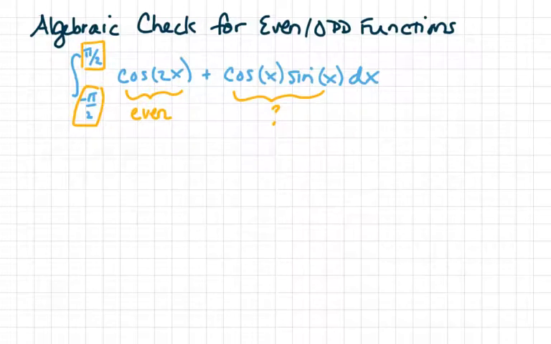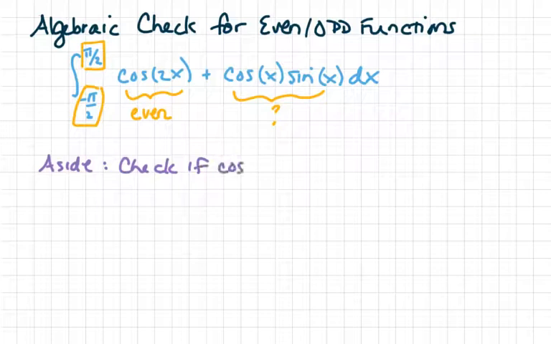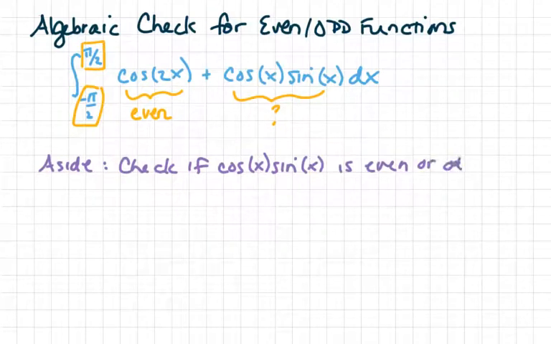So let's pull aside and do a check and see what we have here. This is a good review so that you know how to check if something is even or odd. So let's check if cosine of x sine of x is even or odd. Let me put out some facts first that we know.